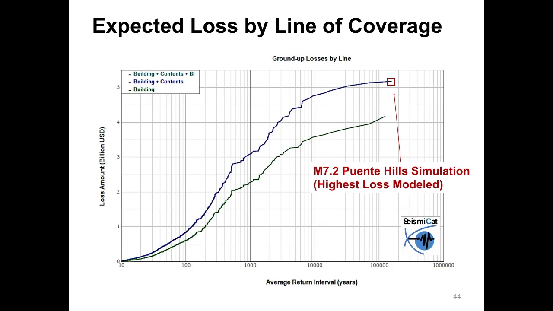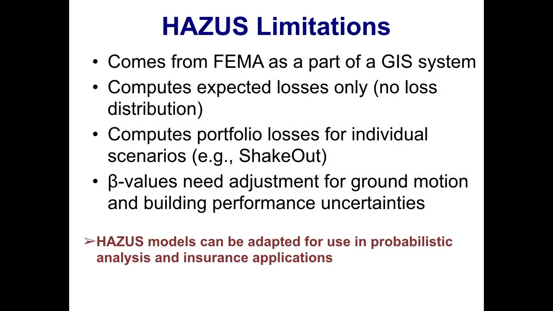Of course, HAZUS has its limitations. It comes from FEMA as a part of a GIS system, and then it computes expected losses only. It doesn't give you a full statistical loss distribution. It computes portfolio losses for individual scenarios like the ShakeOut scenario or like the Puente Hills scenario we just pointed out.